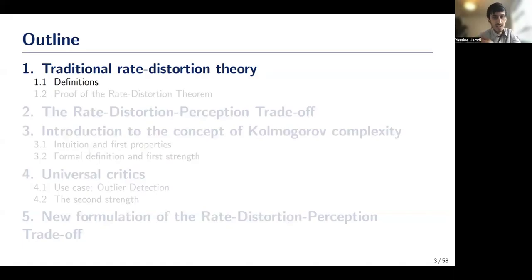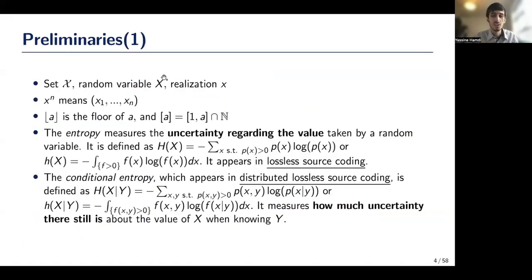So let's start. I will be explaining everything as we go along, but a random variable is a capital letter, a realization is a lowercase letter, and a set will always be calligraphic. I will use this a lot: X to the power n means a sequence of objects x1 to xn.